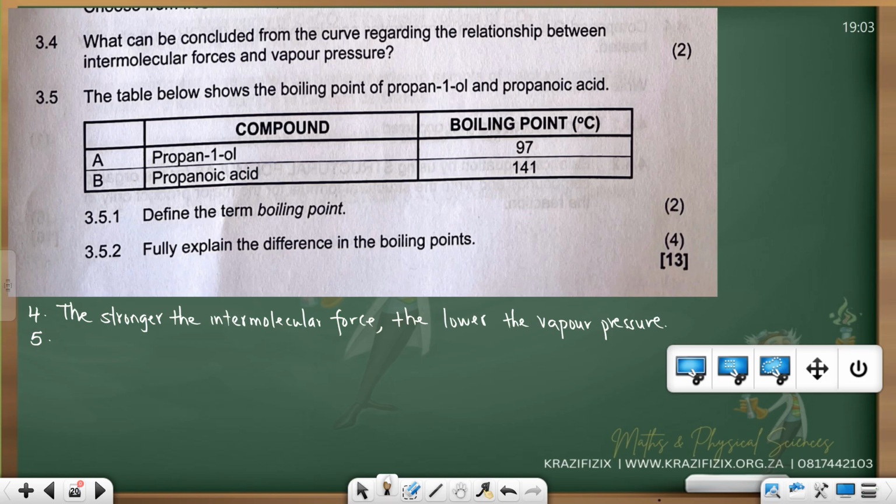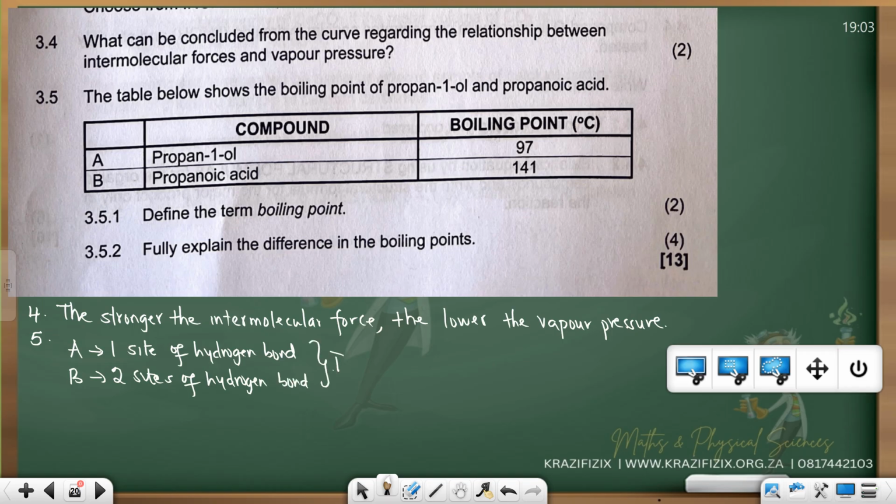Can we identify? Compound A has what? One site of hydrogen bond. Compound B, two sites. So what have you done here? You have simply identified.